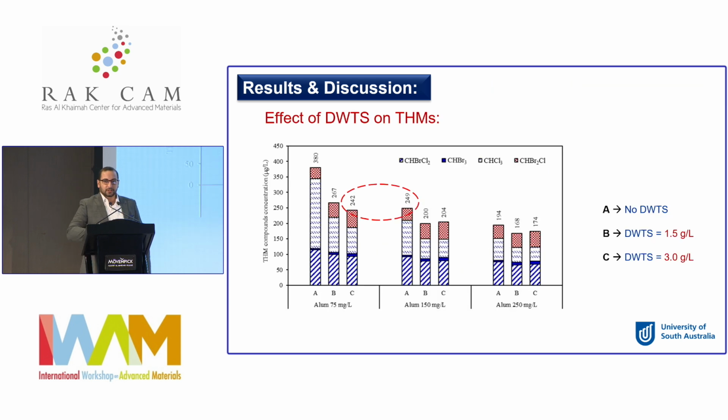Also, when we look at the trihalomethane formation potential, we can see that by increasing the sludge, it also improved or controlled the level of the trihalomethanes. So we can conclude that we can save up to 50% of the coagulant dosing required by using up to 3 gram per liter of drinking water treatment sludge.